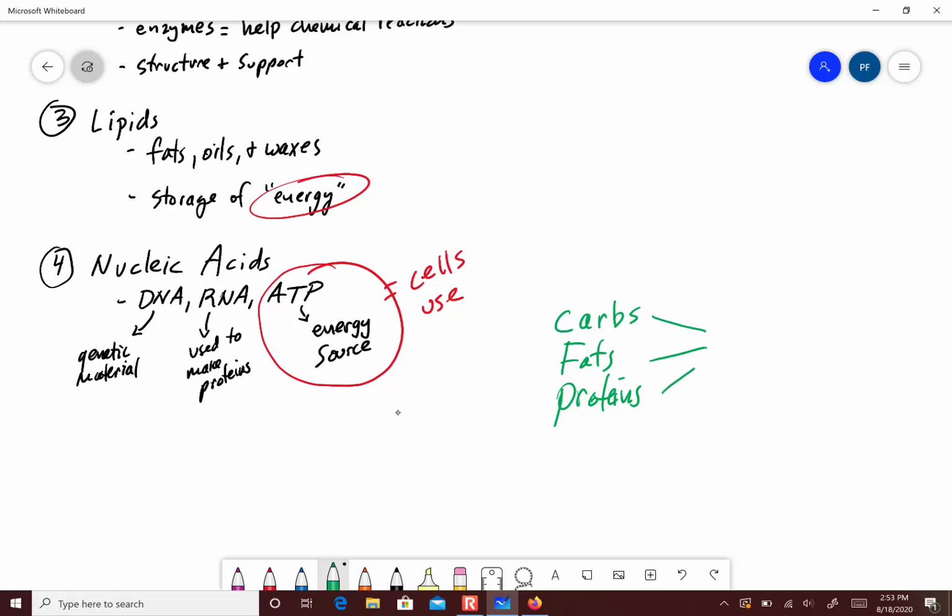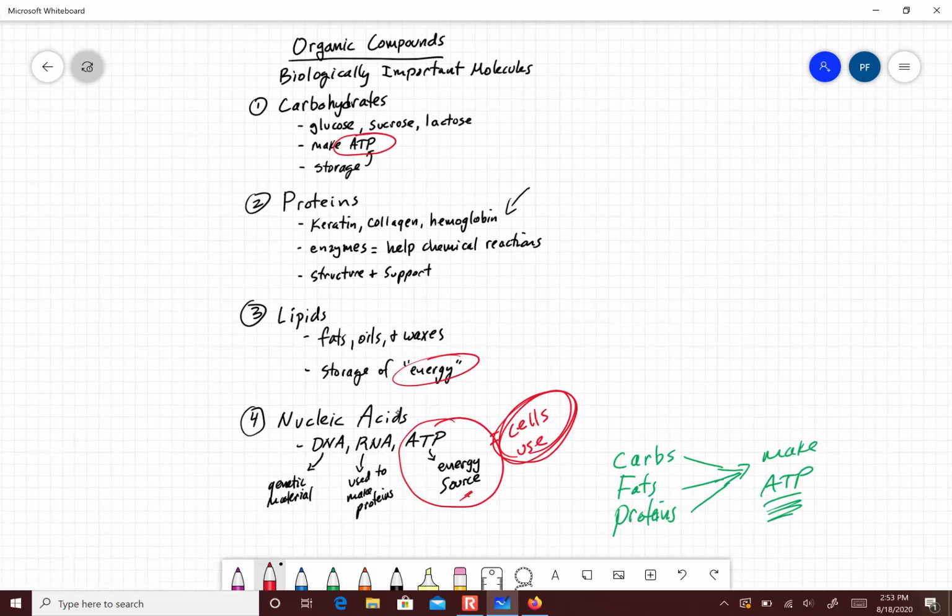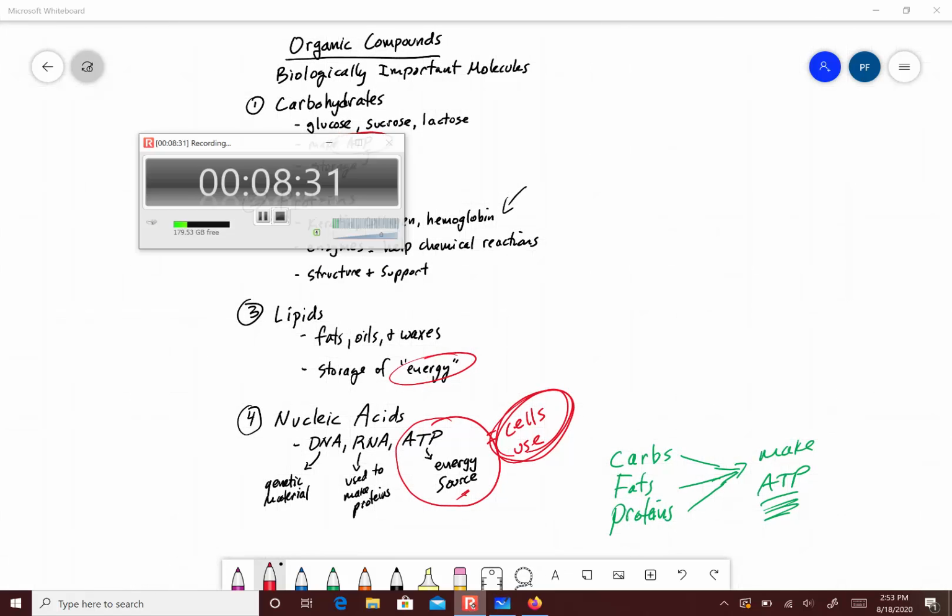But honestly, all of those things are then just used to make ATP. So that's how they're providing energy, is they're being used in chemical reactions that end up making ATP, which is then what the cell is going to use as an energy source. All right, so there's our section on biologically important organic molecules.